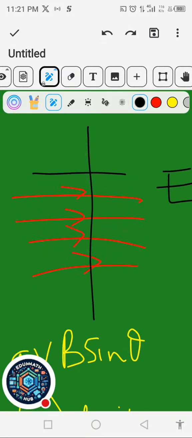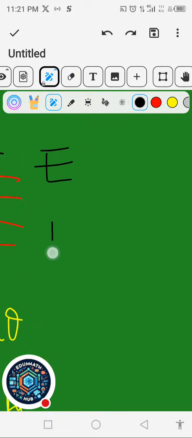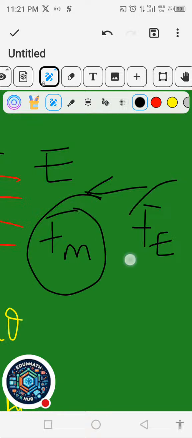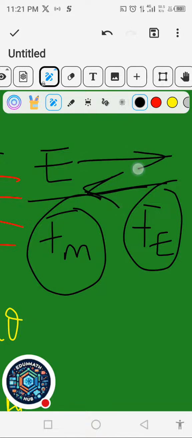So once the two of them meet, they are equal in magnitude. It will cause the charge to move in a straight line. Both of them will have the same value, so it will cause the charge to move in a straight line, maybe horizontally, maybe like this or like this.